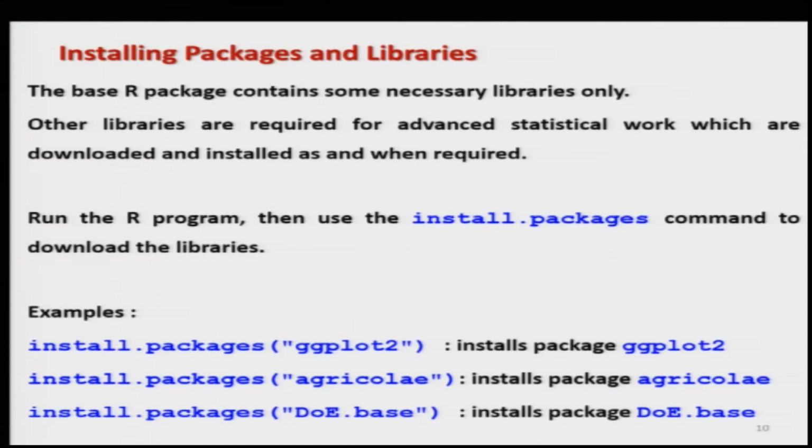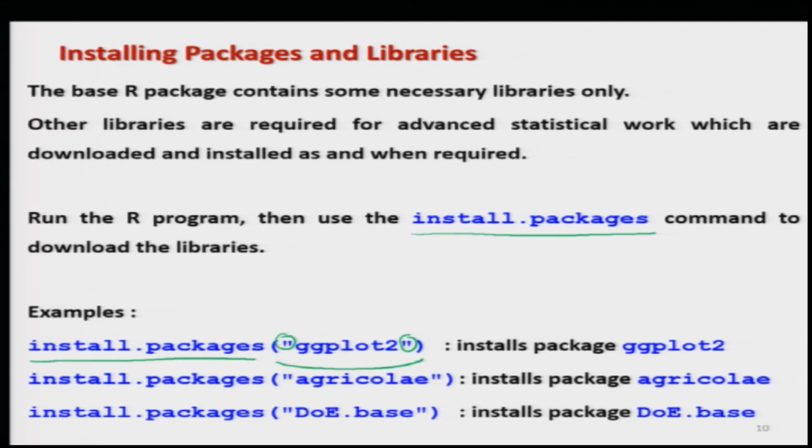Okay, so if I want to install a package, I have a command here, install.packages. When I use this command, within the parentheses and inside double quotes, I have to write the name of the package which I want to download.